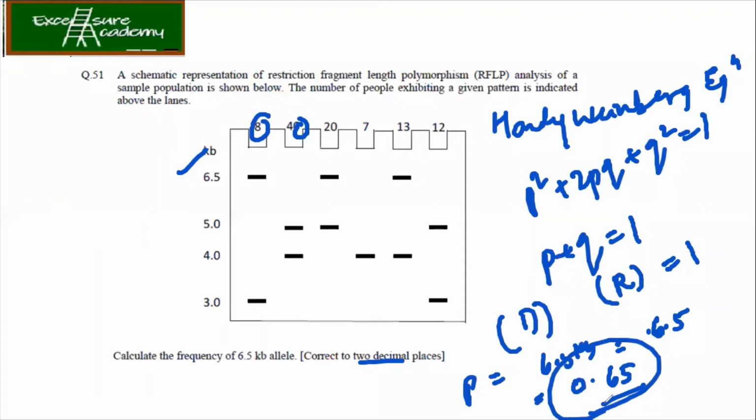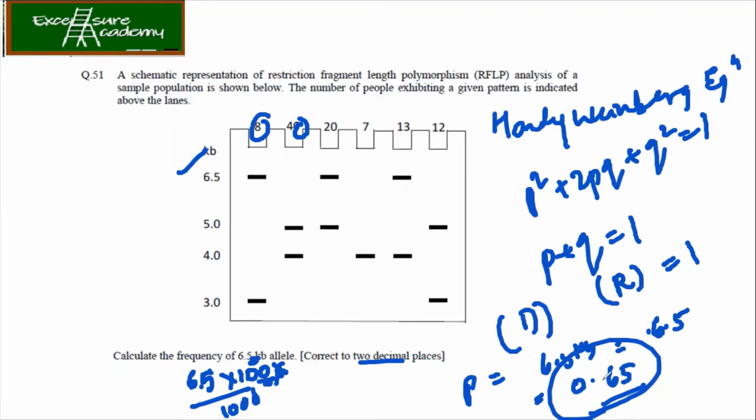Now how are we getting 0.65? It is given that it is the 6.5 allele, right? So it can be written as 6.5 into 100 divided by 1000. Since it is kilo, we will be dividing by 1000 and then multiplying by 100 in order to get the frequency.